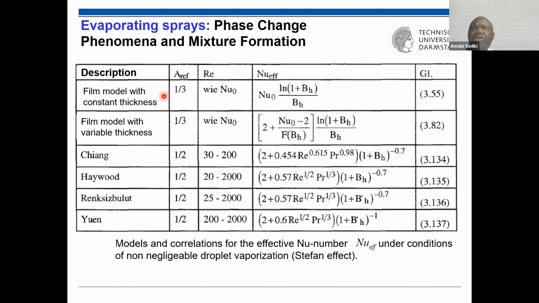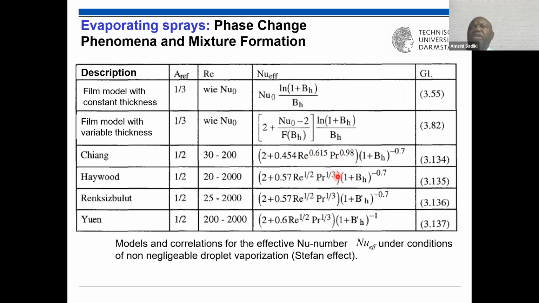With constant thickness, we have this value. And for variable thickness, we have this effect of the variation of the thickness. We have different correlations using different reference expressions, and they are also valid in a different range of Reynolds number.